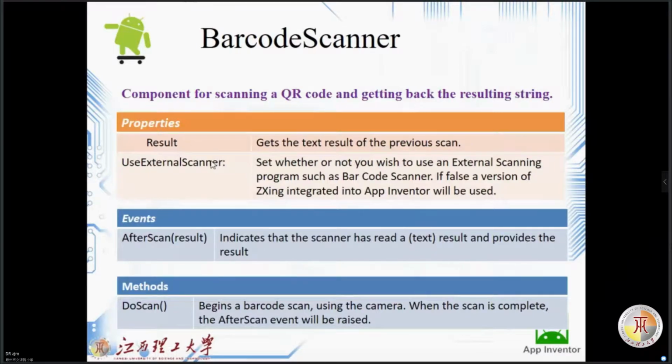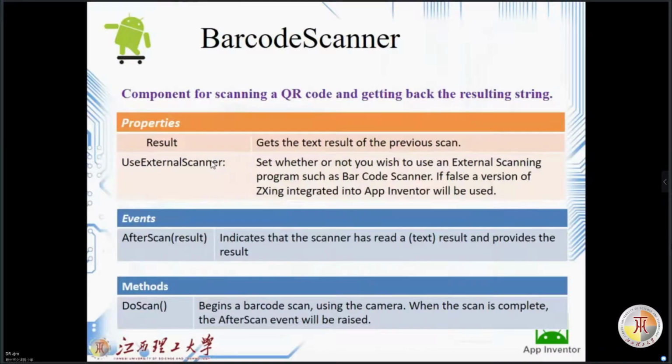The next sensor is the barcode scanner, which is very useful, and you can even scan a QR code and get back the result. In this sensor, we have Result and UseExternalScanner. With Result, we can get the text result of the previous scan.